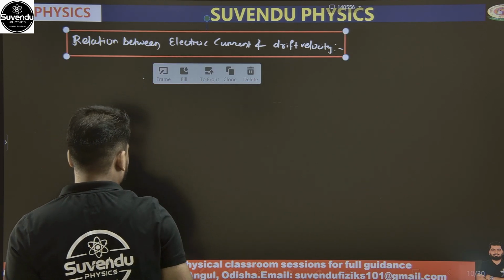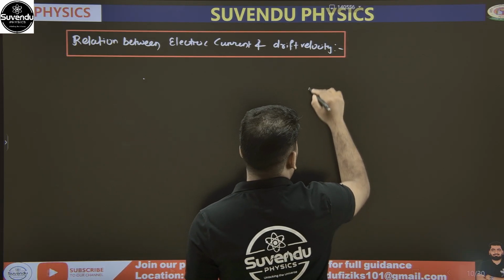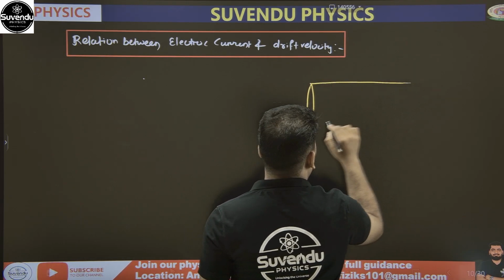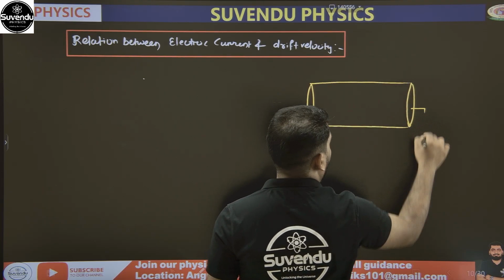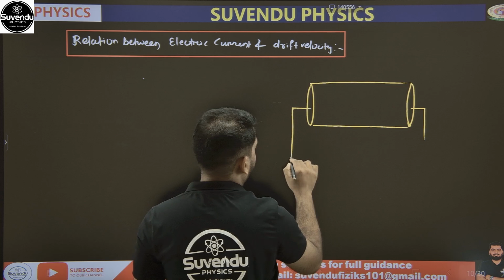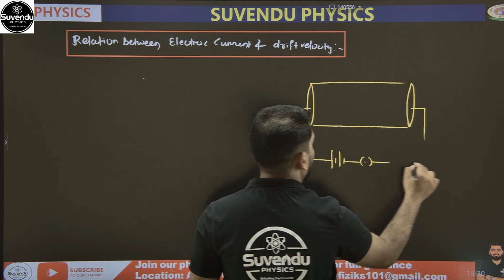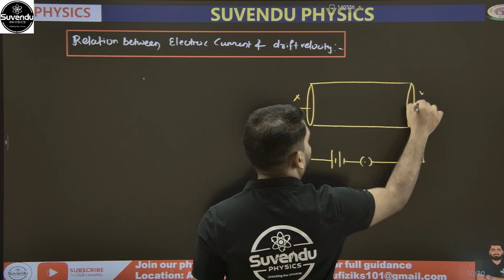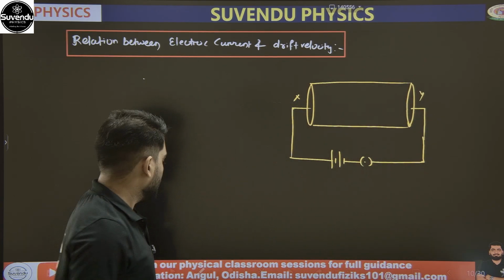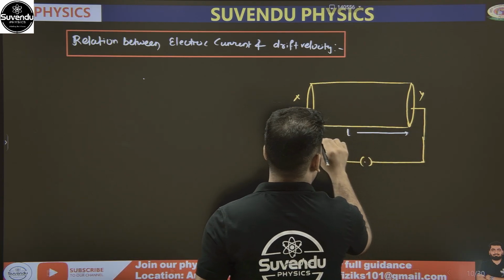Now all of you see properly. Let us consider that same diagram. This is your current carrying conductor, and its two ends are connected with a battery or cell which maintains a constant potential difference across the two ends. L is the length of the conductor.